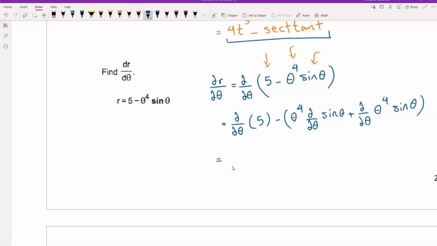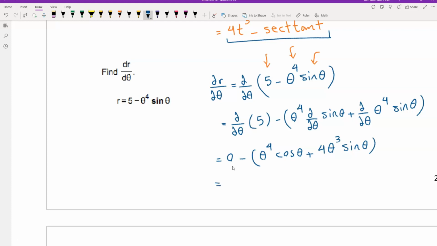So the derivative of 5 is 0, minus theta to the 4th power times the derivative of sine, which is cosine, plus the derivative of theta to the 4th power, that is 4 times theta cubed, times sine theta.